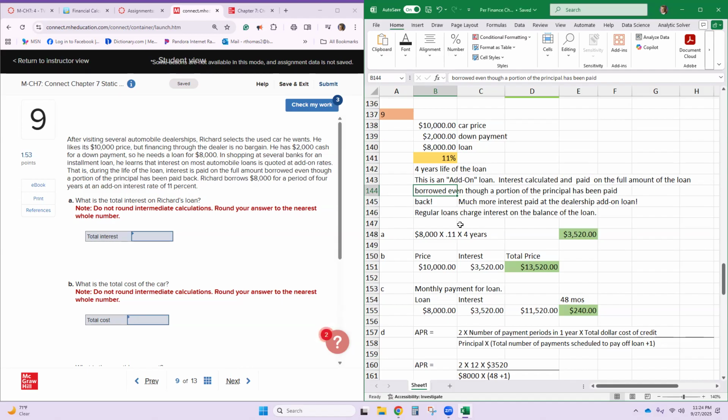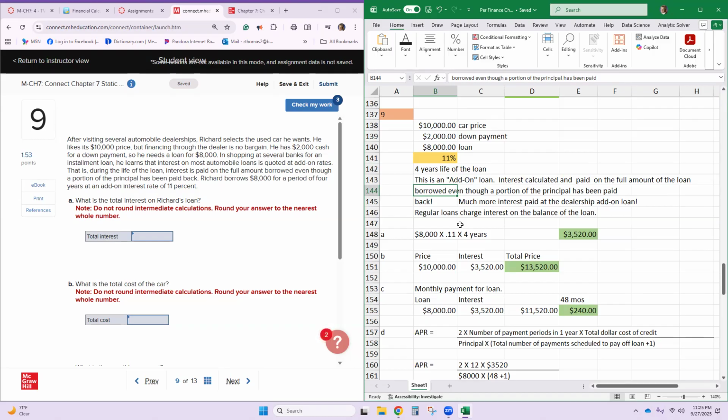The reason is that if you can't get an auto loan from a financial institution, because of not enough credit or bad credit or whatever the situation is, then dealerships kind of take advantage of whoever's buying their vehicle, that they couldn't get a loan elsewhere.